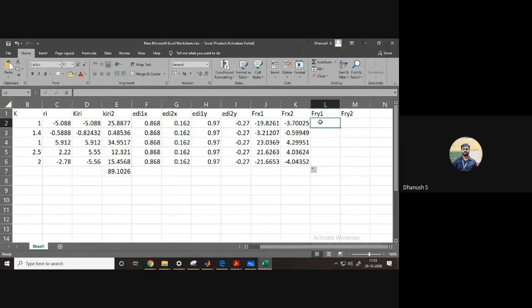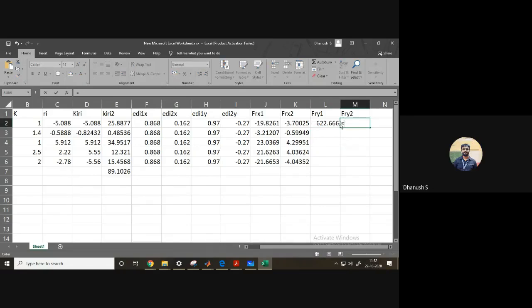What is the formula again? This is equal to KiRi divided by summation KiRi square into what was the force acting along y direction? 550, into the design eccentricity for the first case. EDi.